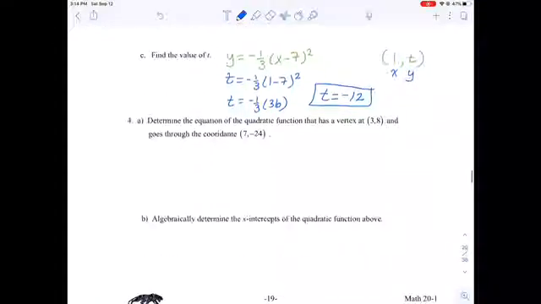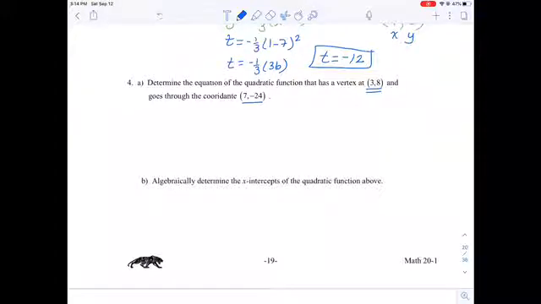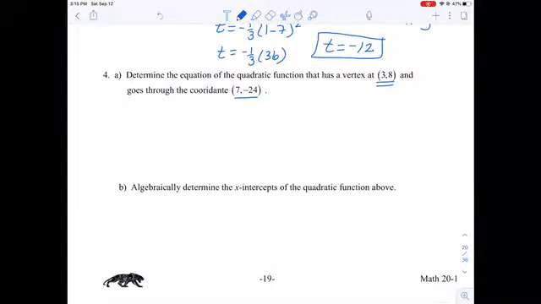Okay, and then the last type of question you might be asked to do in this section here is if you're given a vertex and a point without a graph. So sometimes you don't have a graph you can look at to find the a value, but we can look at this and just use the equation. So if this is our vertex, there's our p, q, and here's our x, y.